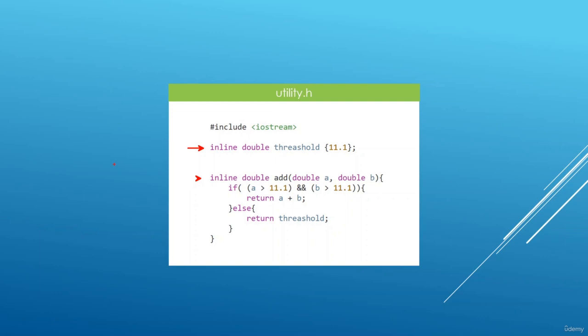So remember, including a header is just going to copy the contents of the header. And if we did this without inlining this variable and function, we would be violating ODR, or the one definition rule, because the definitions for them would be showing up in multiple translation units, and that would be bad. We would get compiler errors.